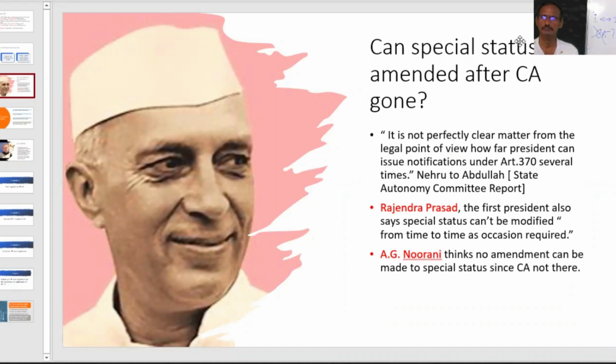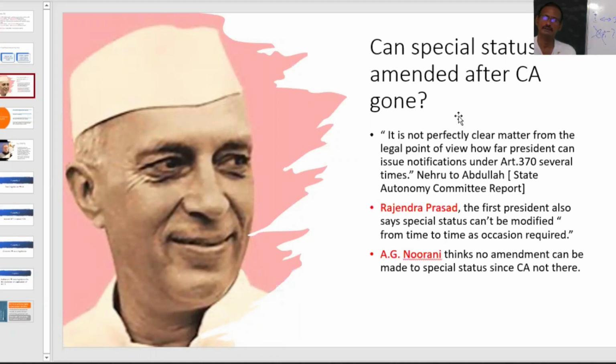Nehru said it is not a perfectly clear matter from the legal point of view how far the President can issue notifications under 370, several times. So notifications to amend the relationship between India and Jammu and Kashmir are being issued under presidential ordinances. But Nehru himself said it is not clear whether special status can be amended through presidential ordinances several times.